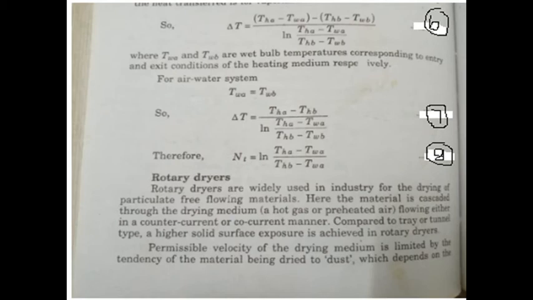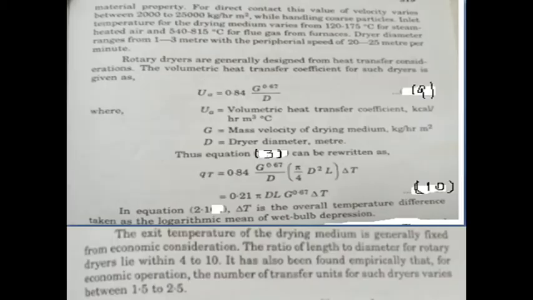Permissible velocity of the drying medium is limited by the tendency of the material being dried to dust, which depends on the material property. For direct contact, this value of velocity varies between 2000 to 25,000 kg per hour meter square while handling coarse particles.